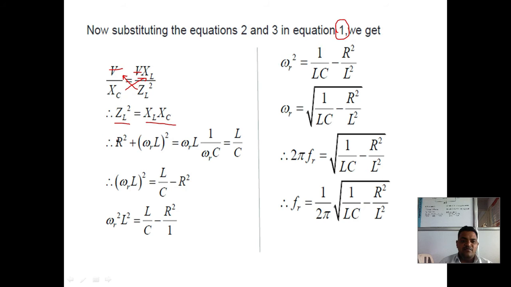So ZL square is equal to R square plus XL square, meaning R square plus omega L bracket raised to square from that equation.